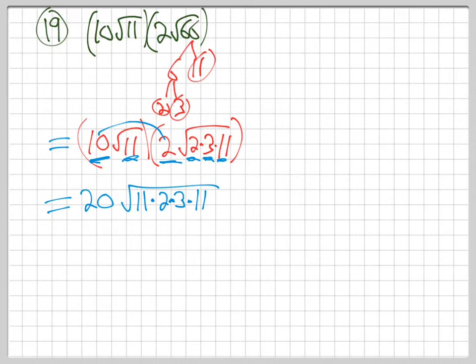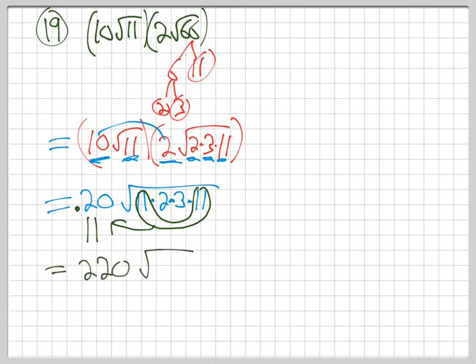Now the last thing, remember this square root, it's a 2 for 1 deal. So we've got 2 11s inside, sends 1 11 outside, and they multiply out there. 220. What's left inside? 2 times 3, 6. 220 root of 6. So that's answer C on the multiple choice.